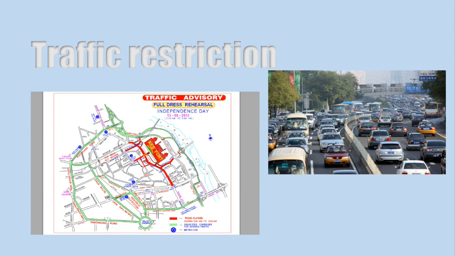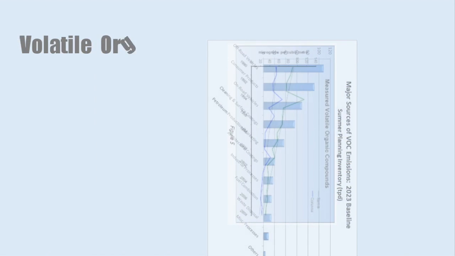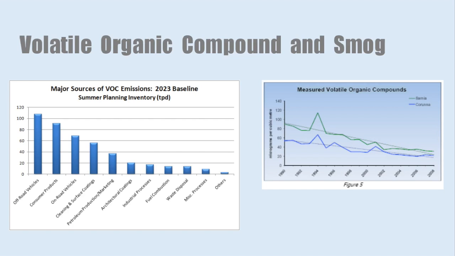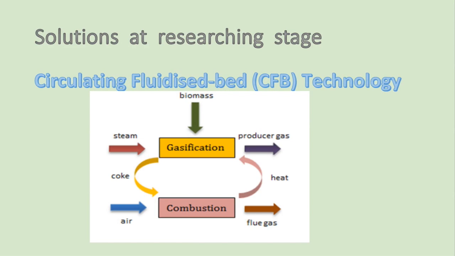There are other solutions such as traffic restriction, vapor recovery for petrol filling stations, and volatile organic compound and smog. Many solutions are now still in their research stage. For example, circulating fluidized bed, aka CFB technology.